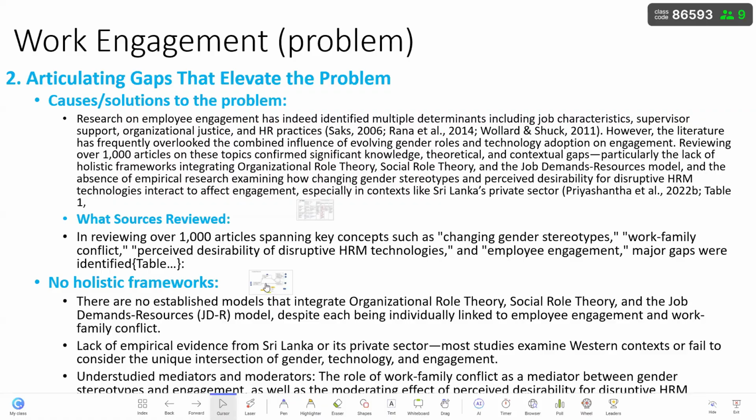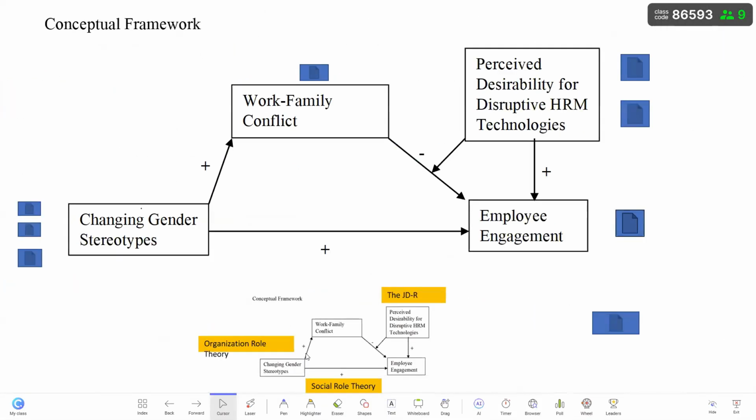Holistic model is something like this, right? In order to support this particular impact, you can take social role theory. And to support this particular impact, you can take organizational role theory. To support this moderating effect, you can take the JD-R, job demands-resources model, right?